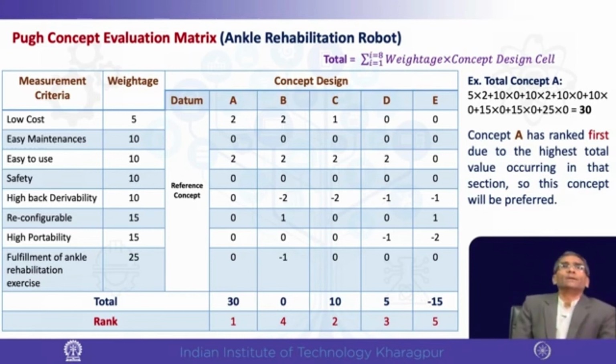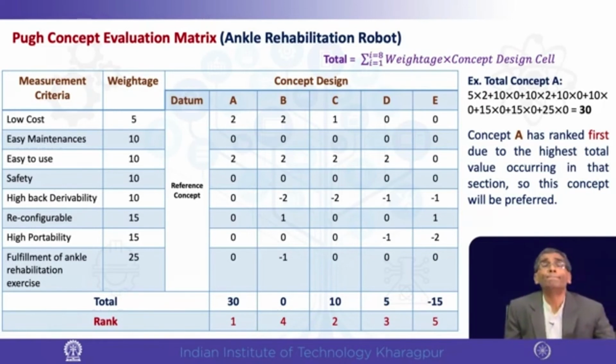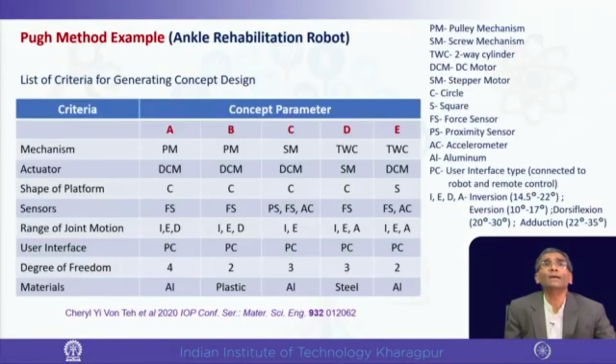here for the measurement criteria, what we see are these. What are the measurement criteria? What the customers feel or prefer, on what basis they would prefer this model. Here we had seen the construction and mechanisms, the table.